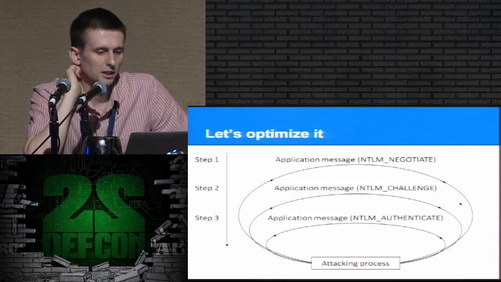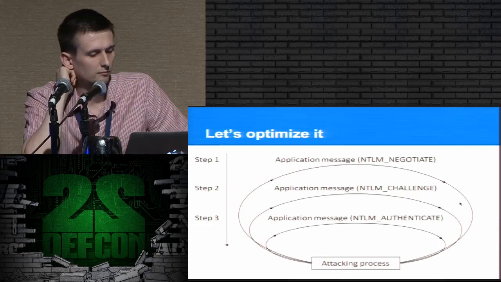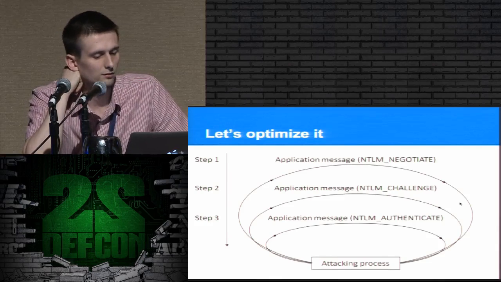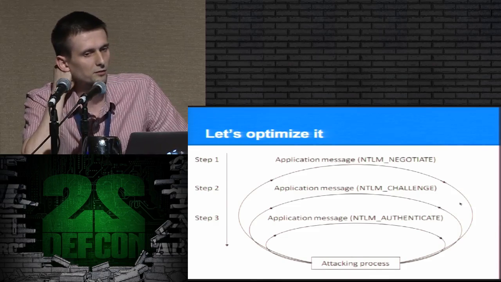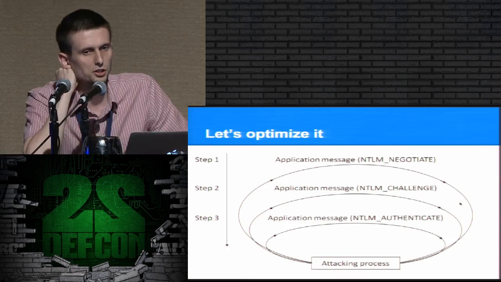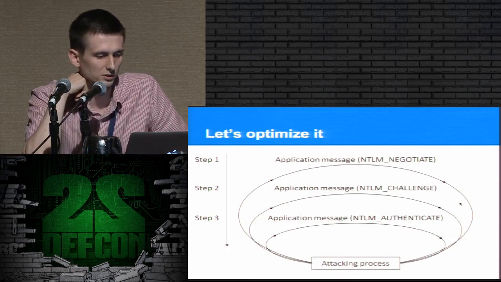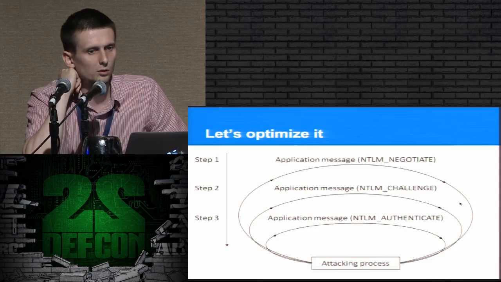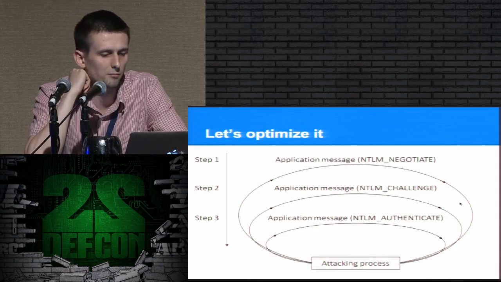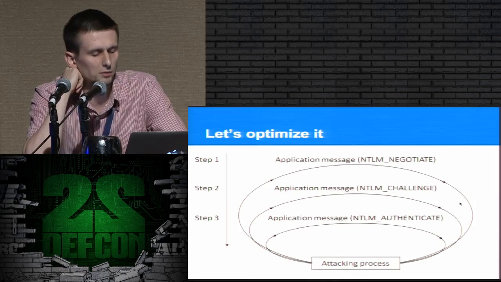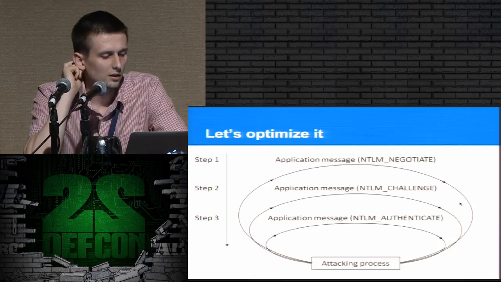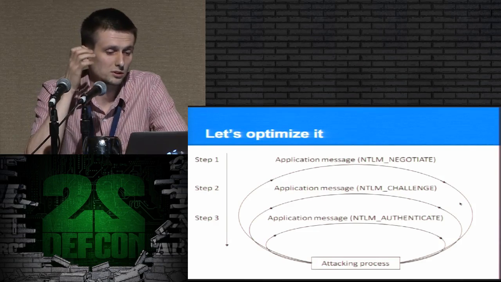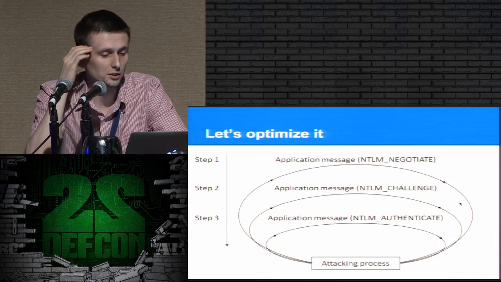So let's optimize approaches. To attack SSPI, we should, for example, implement the server and the client application in one process. What does it mean? We will send message type 1, message type 2, and message type 3 from client to server in one application.